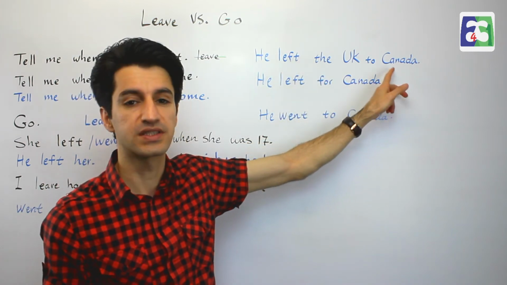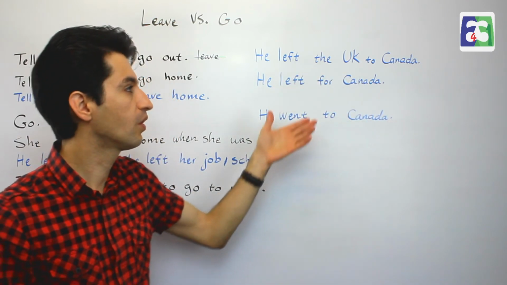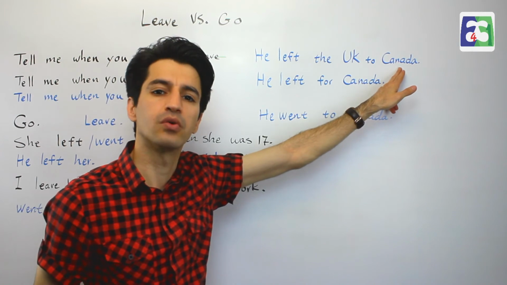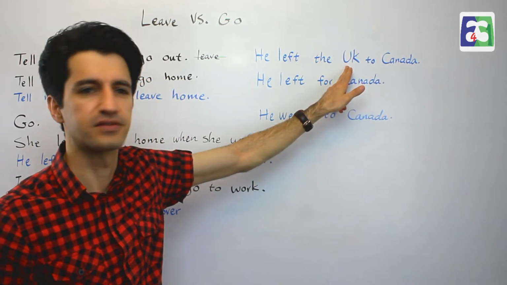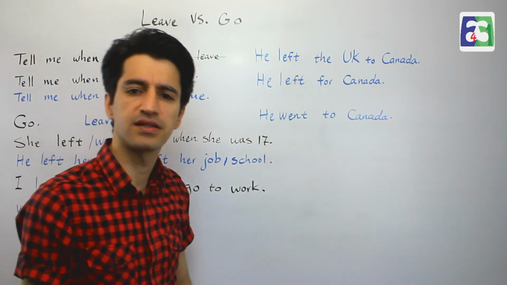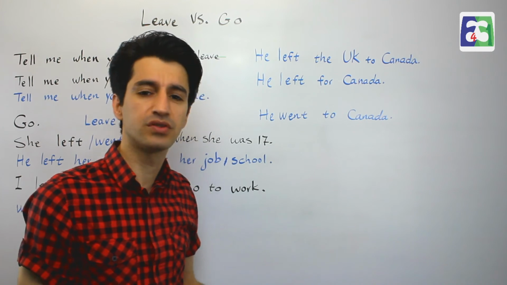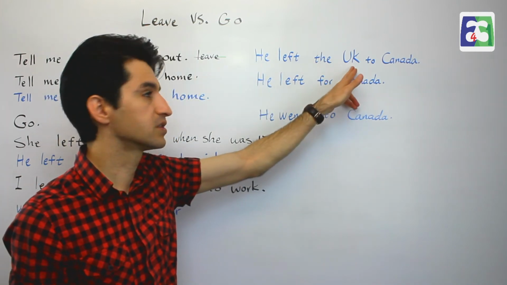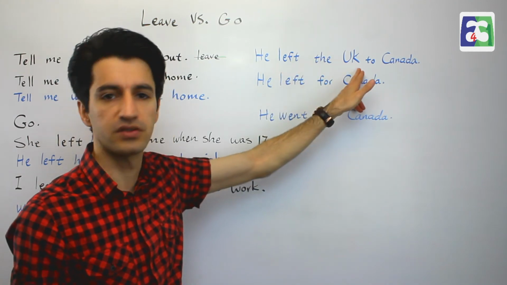We don't know. The sentence doesn't say anything about this. So if you are sure about that bit, then use go. If you're sure about this bit, then use left. Maybe the person is in Canada now, maybe the person is in a boat now, we don't know. But for sure the person is not in the UK because the person left the UK.